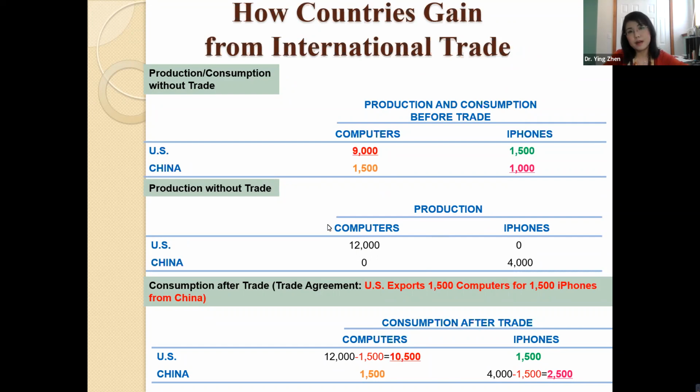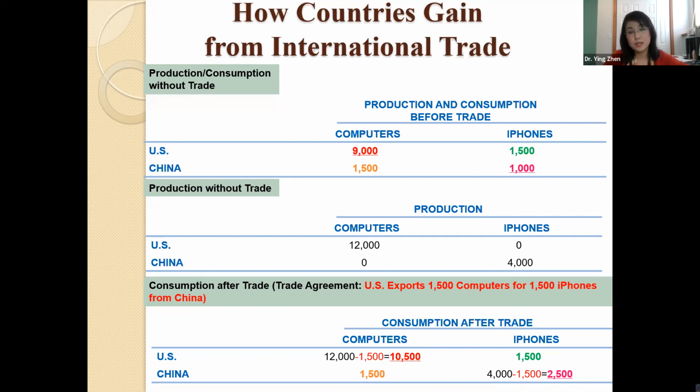So in this comparative advantage example, I'm sure every econ instructor must have heard of it, right? Must have seen this example, maybe in a different context, but the idea is the same. So before trade, what would each country produce and consume?